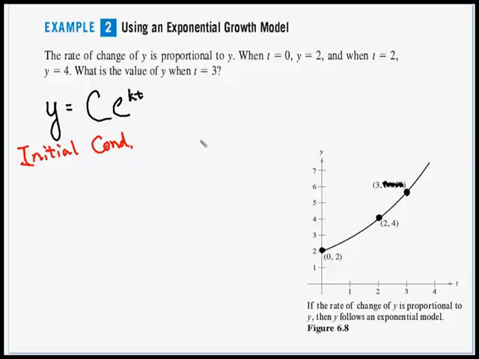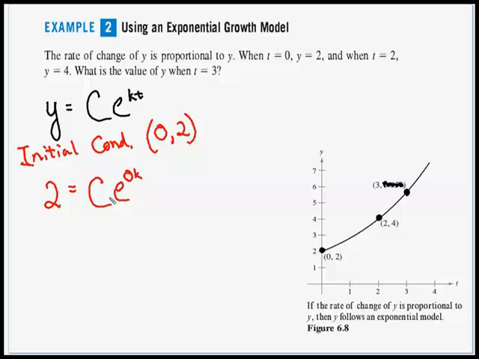We're going to start with (0, 2). When t is 0, y is 2, so we plug that into this equation. Our y value is 2, and that is equal to c e to the k times 0. Our exponent is 0 times k, and 0 times anything is 0.